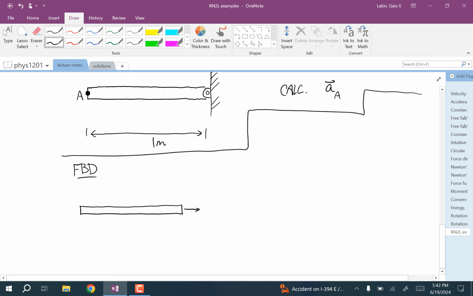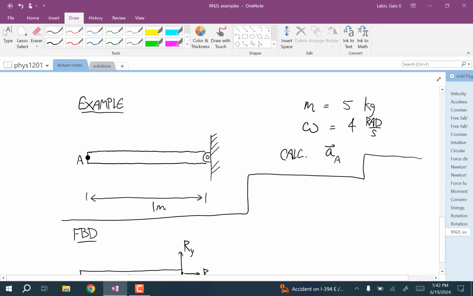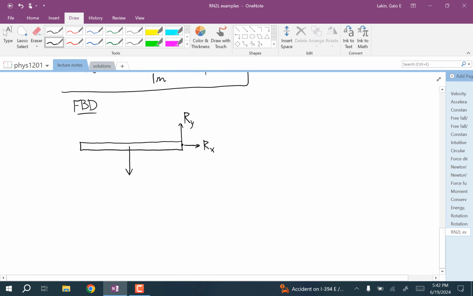Over here, we have our 2 unknown forces. Those are applied to the beam by the hinge. And then in the middle, we have the weight force, and that is 5 kilograms times 9.8, so 49.0.